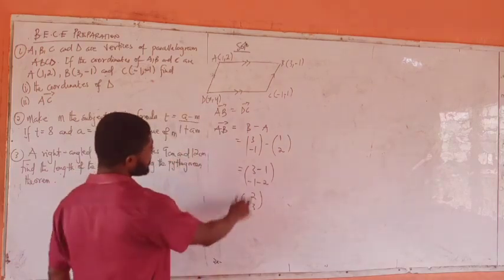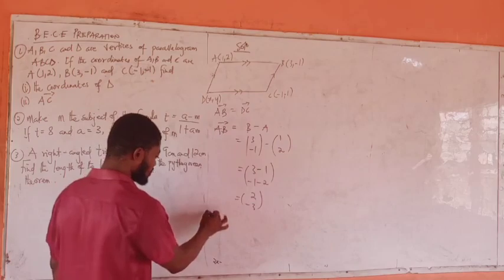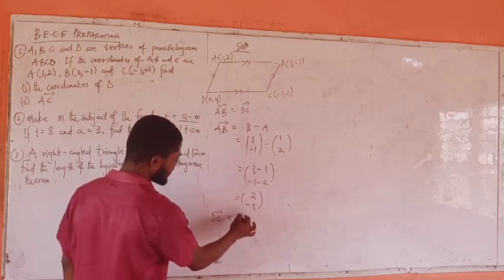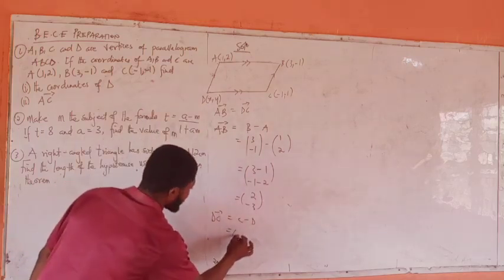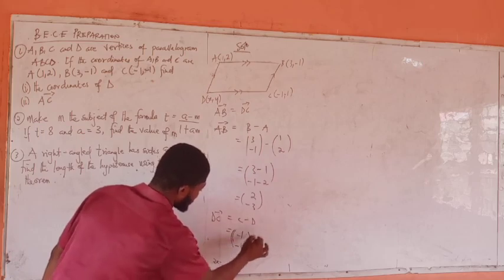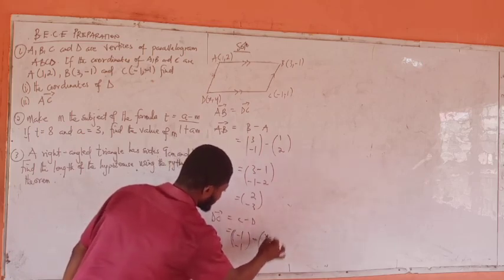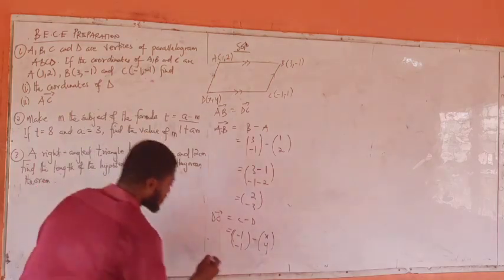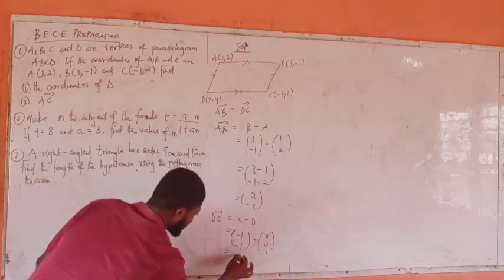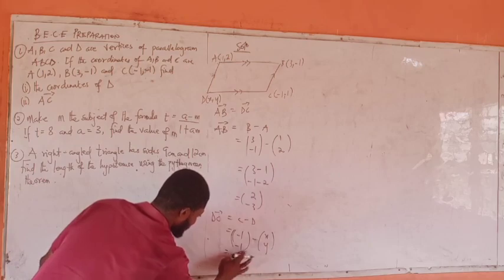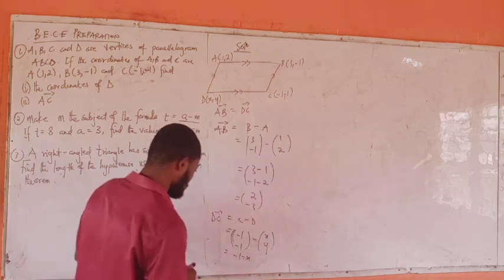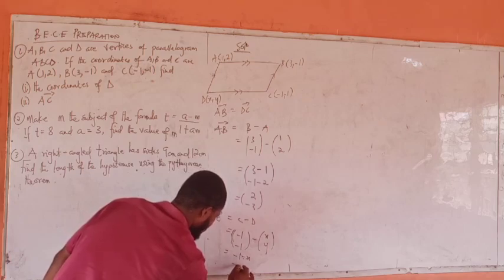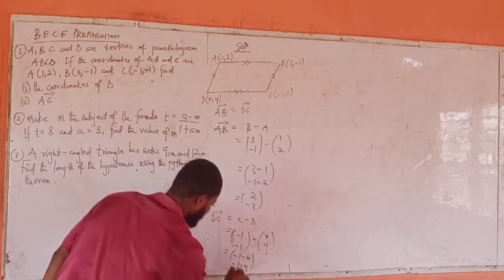We equate this to DC. DC is given by C minus D. We know C to be (-1, -1) and D to be (x, y), so that is (-1 - x, -1 - y).